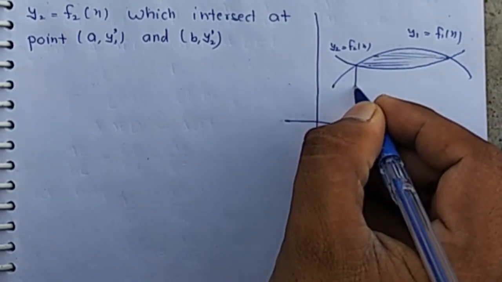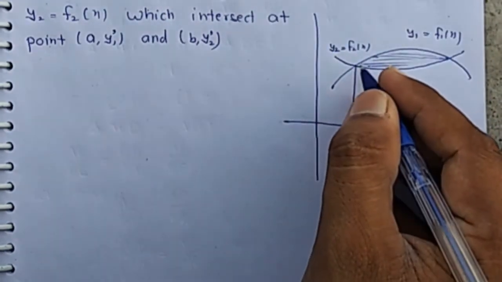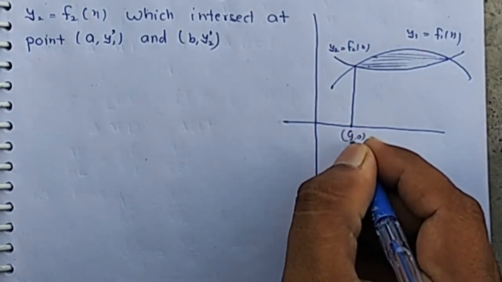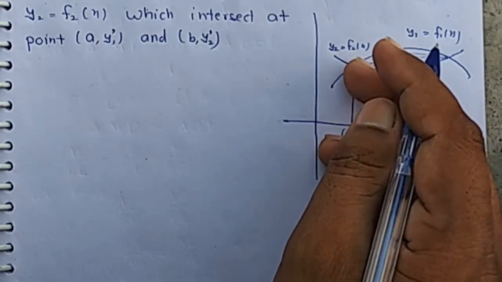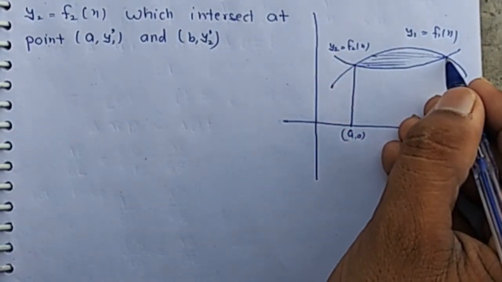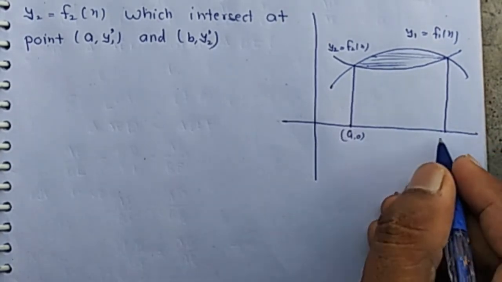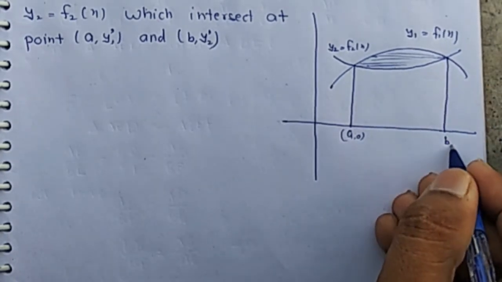These curves intersect at a, y1 dash, meaning it is point (a, 0). The value of x at this point is a, and the value of x at the other point is b, y2 dash, meaning (b, 0).